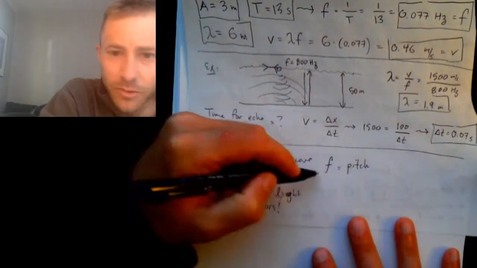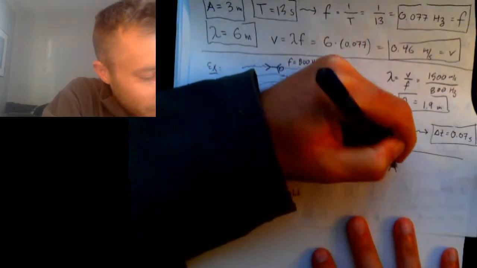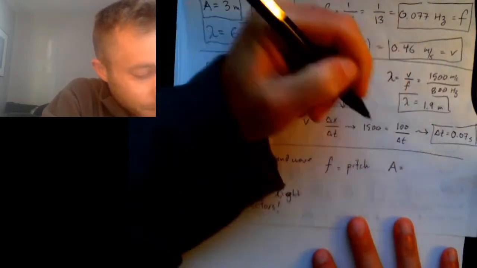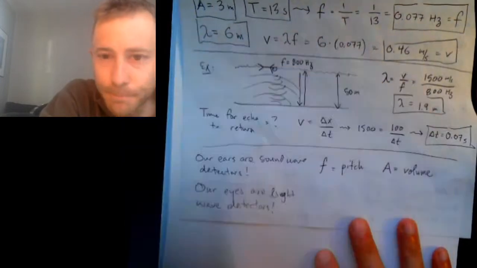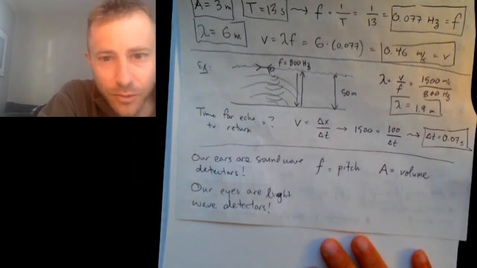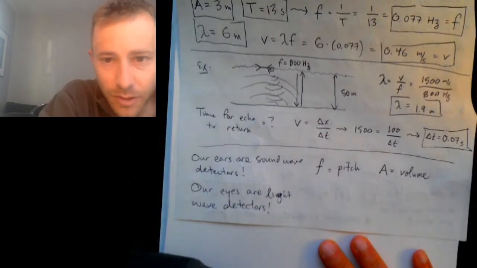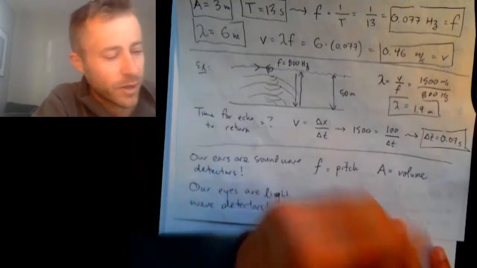So frequency is pitch, and then the amplitude of a sound wave is volume. Okay? So a big amplitude sound wave we would perceive as being very loud. So volume, loudness.